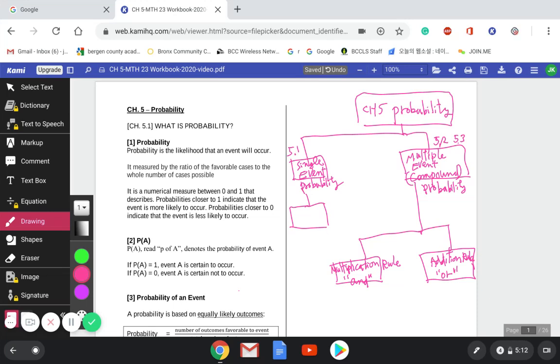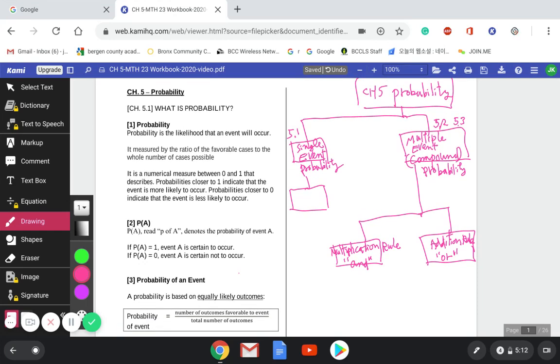Okay, so for this single event one, first we have to know what probability is. Actually, probability is not an actual value. Probability is the likelihood that an event will happen or occur. It is measured by a ratio, like a fraction of the favorable cases to the whole number of possible cases.